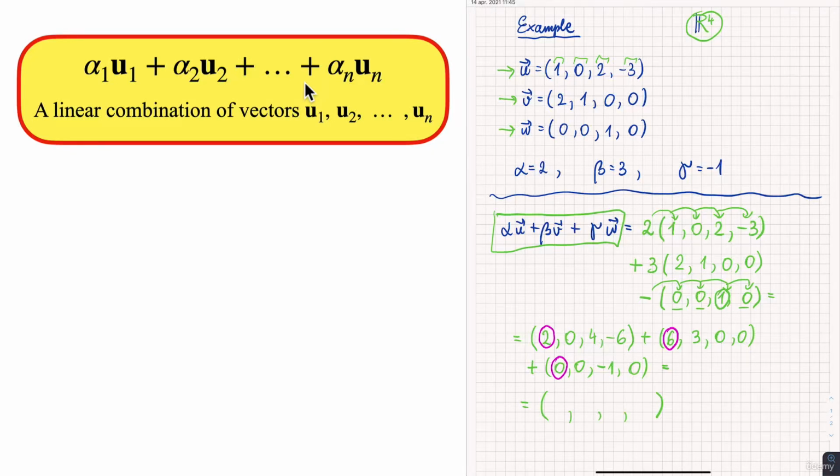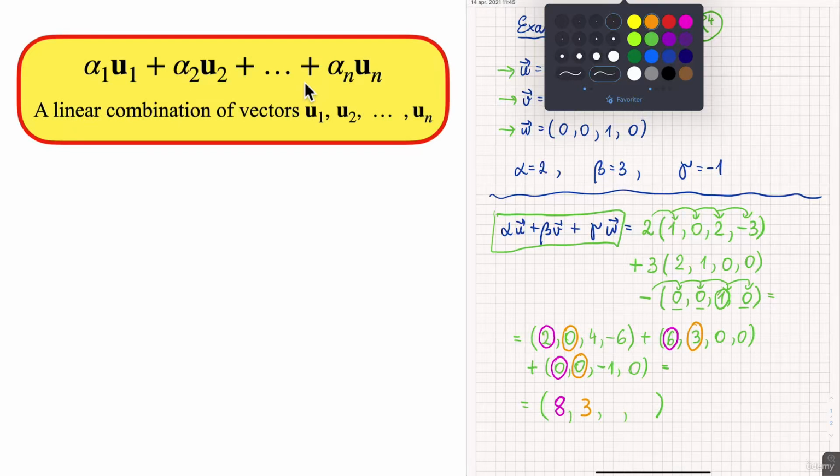So it is 2 plus 6 plus 0. It is 8. The next coordinate is the sum of the second coordinates of all the vectors which are going to be added. So it is 0 plus 3 plus 0. It is 3.